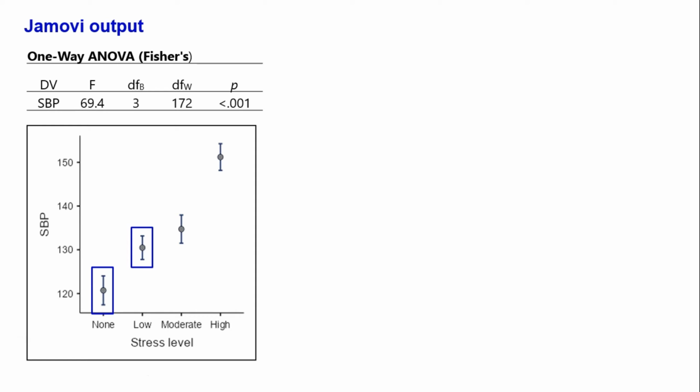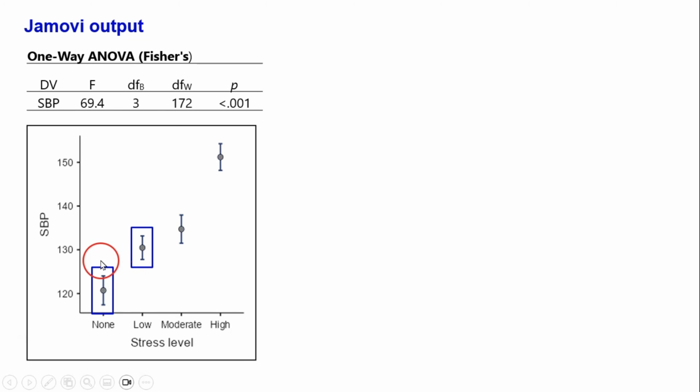And for our comparison, we want to compare the none or no stress with the low stress group. And so from the textbook, hopefully what you've learned so far is if you examine these two confidence intervals, you can see that they do not overlap at all. In other words, the upper limit for the none condition in terms of its systolic blood pressure is lower than the lower limit for the low stress group.